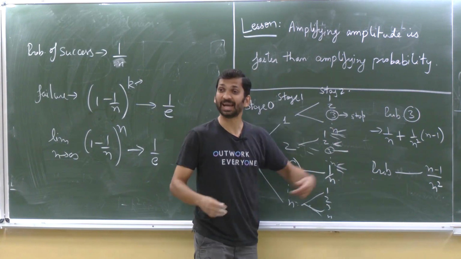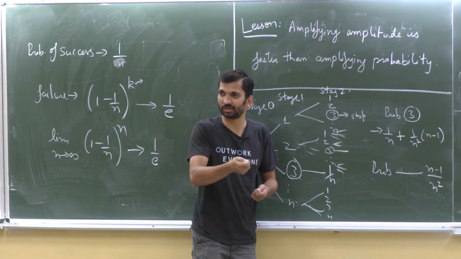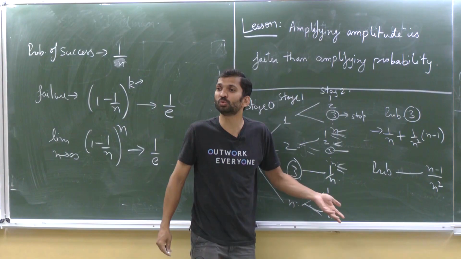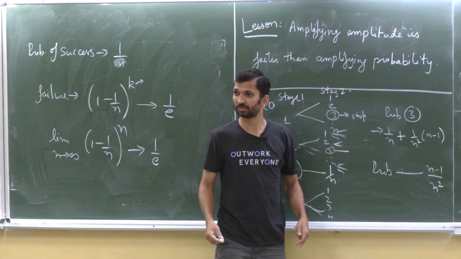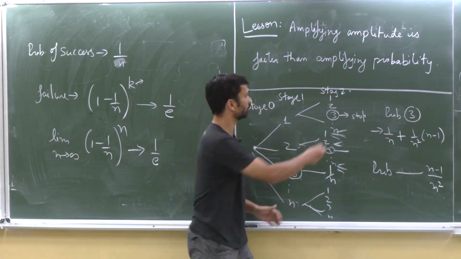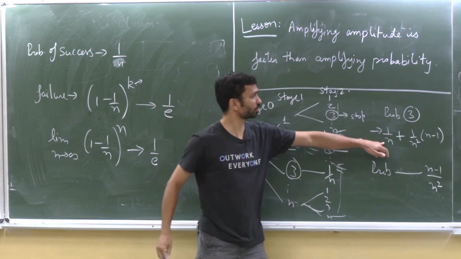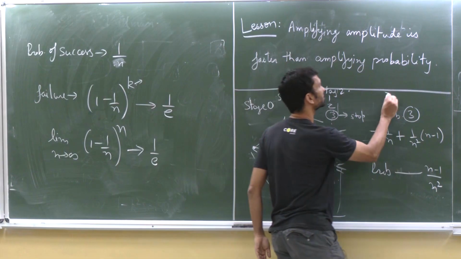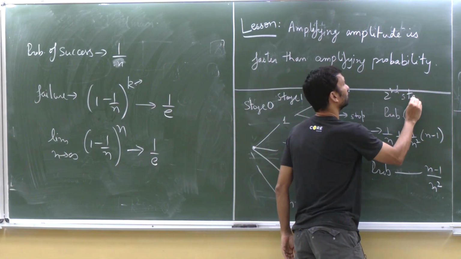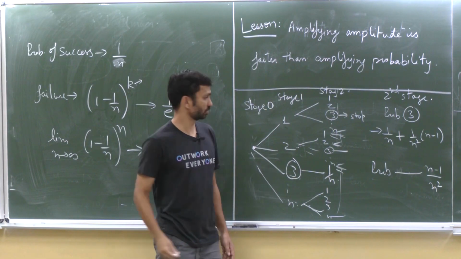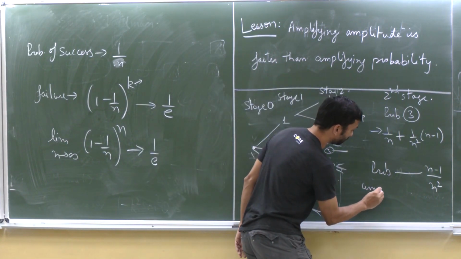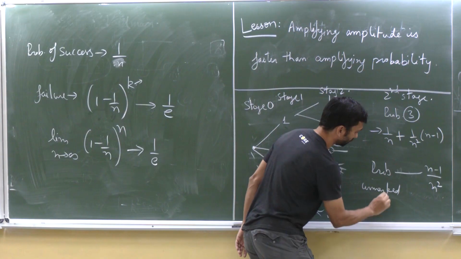This is the probability of getting any particular other element: probability of 1, or probability of 2, or probability of n, an unmarked element after 2 stages. So this is calculating probability after the second stage, the probability of getting a particular unmarked element.